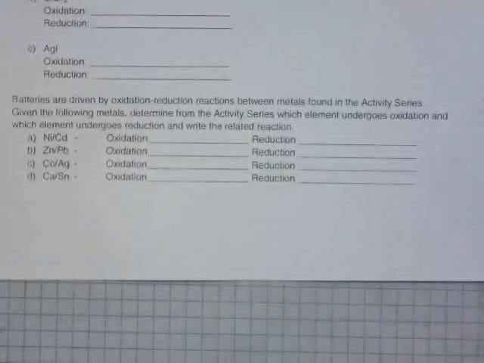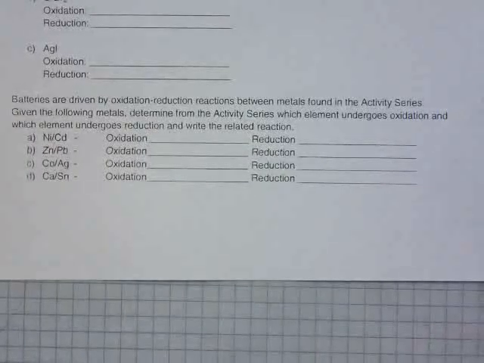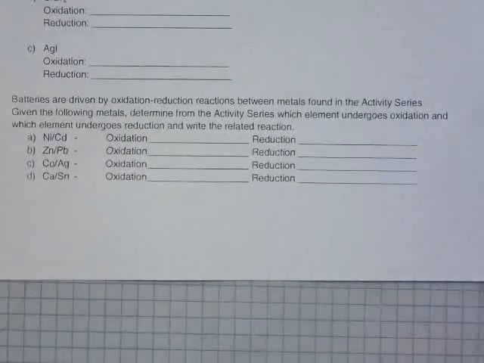And batteries are driven by oxidation reduction reactions between metals found in the activity series. Given the following metals, determine the activity series, from the activity series, which element undergoes oxidation and which element undergoes reduction, and write the related reactions.